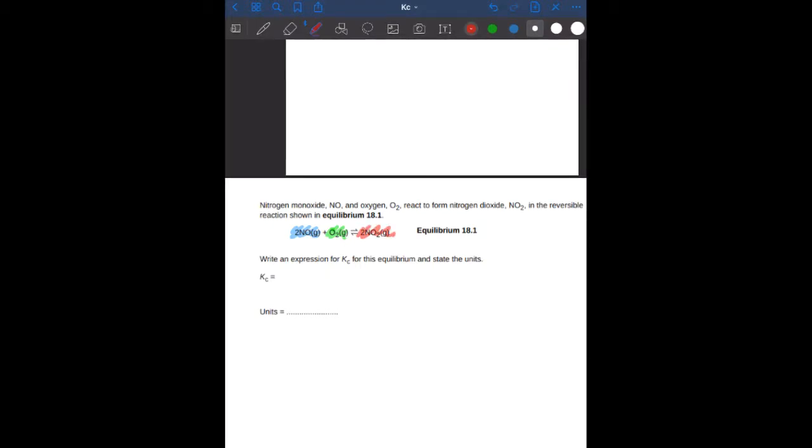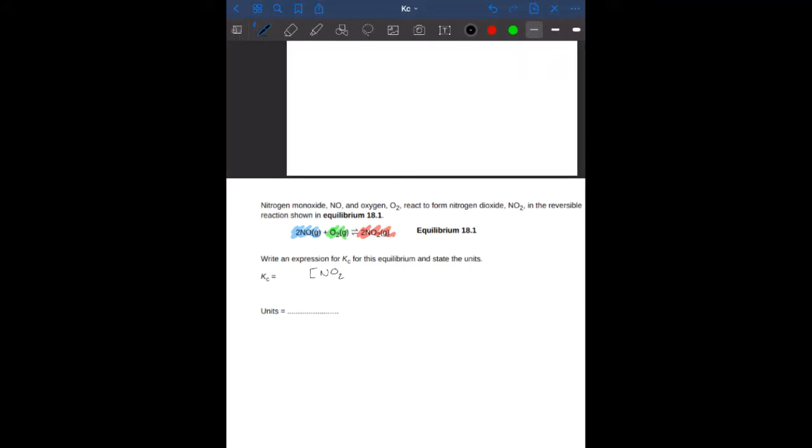So Kc, remember, products over reactants. So we've got products, the concentration of NO2.